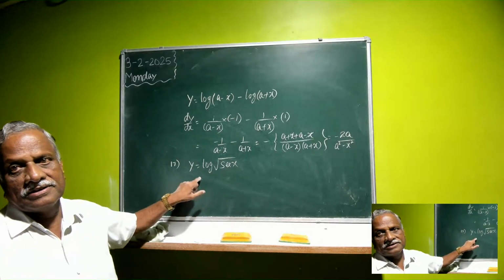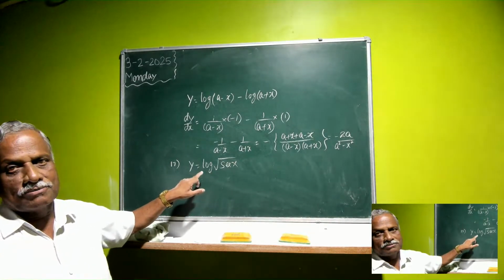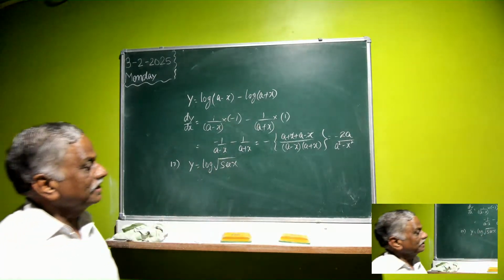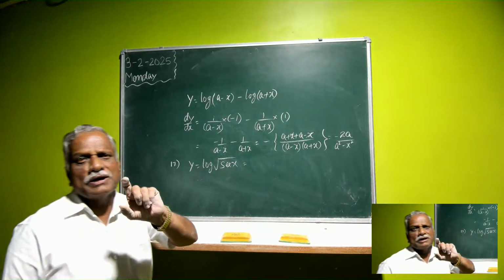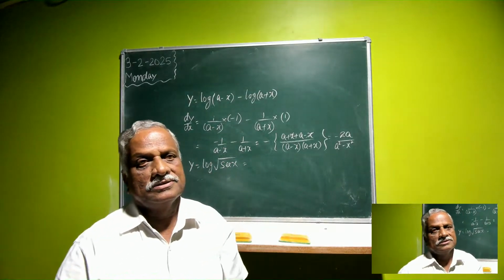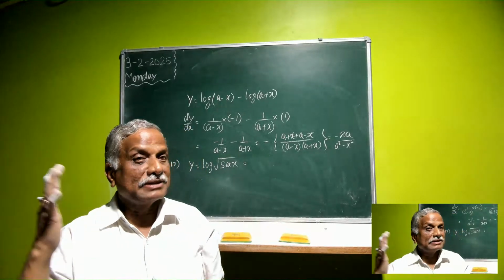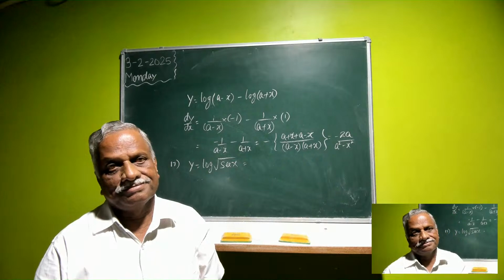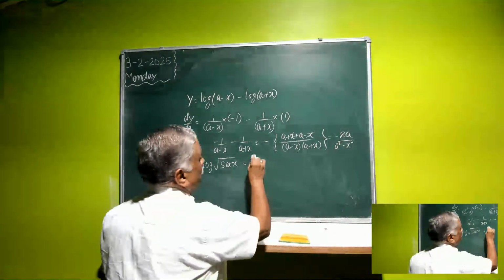Now here, why I have given this is to remind you that normally what we do is first differentiate log, then root. That is not required. Whenever log is there, just spend one more minute extra. It's very important. The moment you see a problem beginning with log, don't jump to differentiation. See whether you can use any formula. What is the problem given?